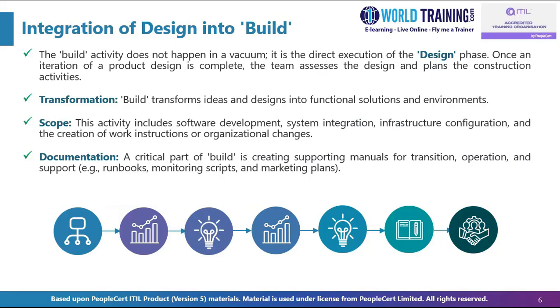Documentation is a critical part of build, creating supporting manuals for transition, operation support, run books, monitoring scripts, and marketing plans. The build team does not just deliver code, it delivers a complete operational kit. And for product vendors, build must be highly disciplined to ensure interoperability with provider tool chains.